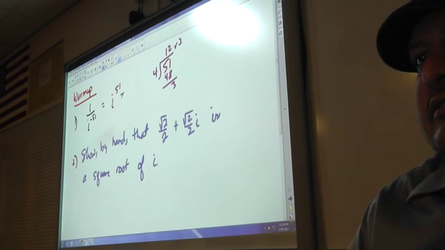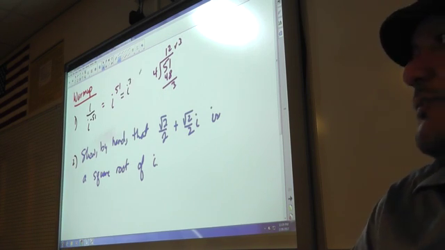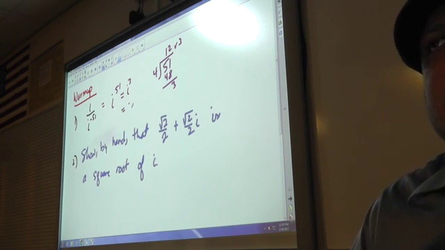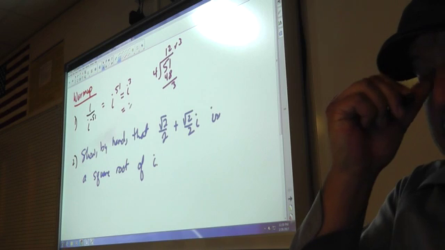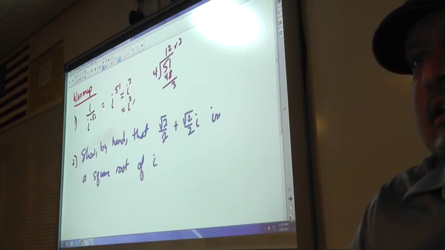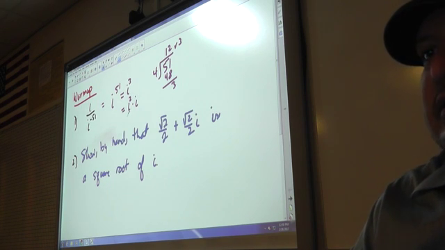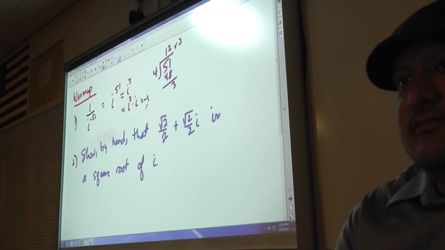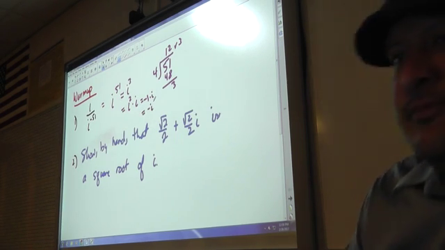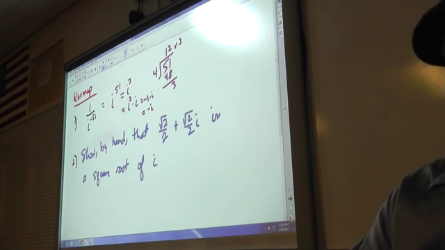So this is i to the third power, which is negative i. You can think of it as i squared times i, and i squared is negative 1, so negative 1 times i, which is negative i.